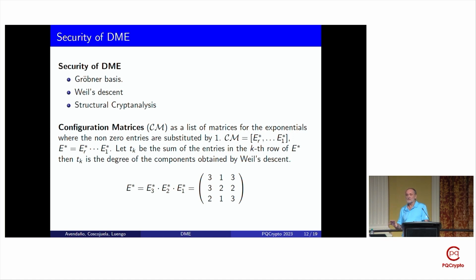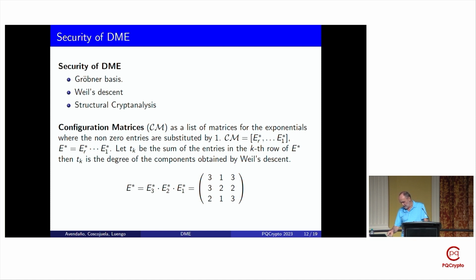The main part is what we call the skeleton matrix, or configuration matrix. The skeleton matrix is just the matrix for the exponents, in which we substitute the non-zero exponents with 1. This skeleton matrix gives a lot of information.